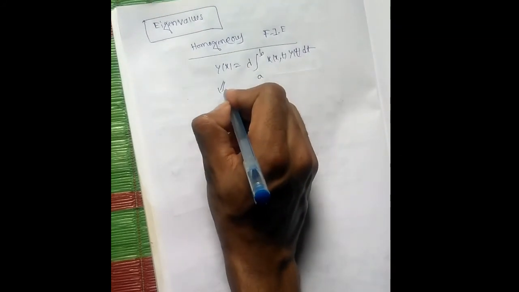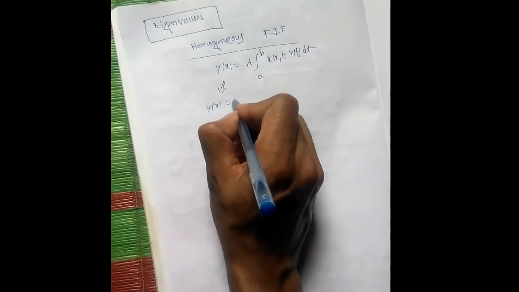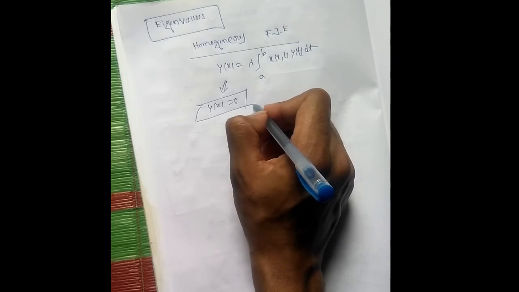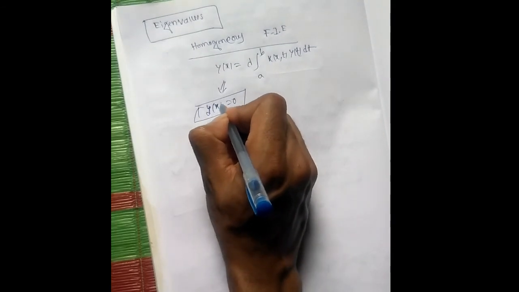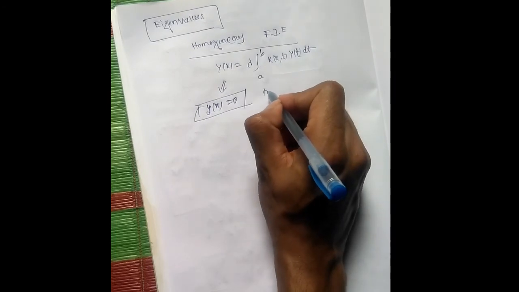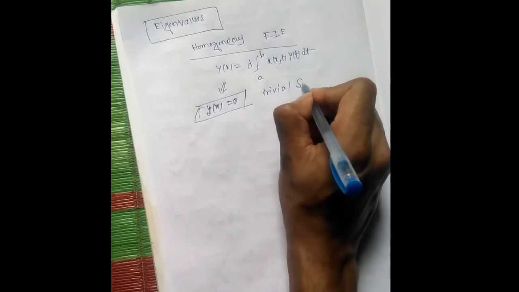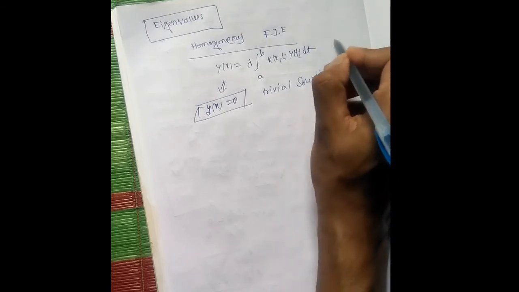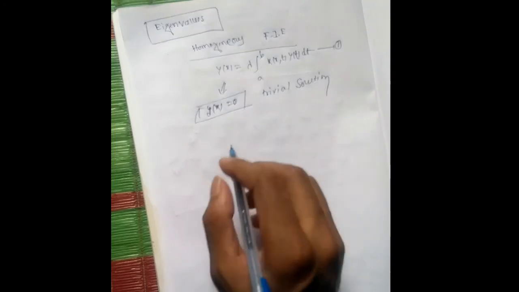You can see that y(x) = 0 is always a solution. This is called a null solution, zero solution or trivial solution of (1).